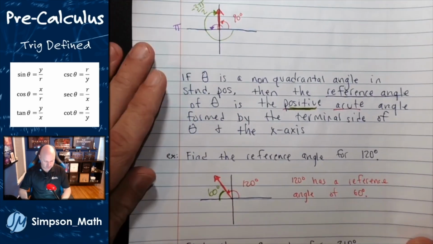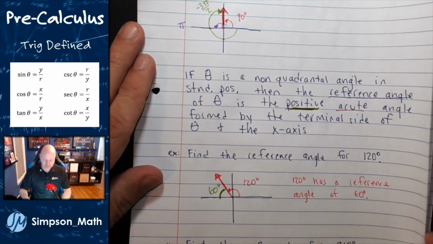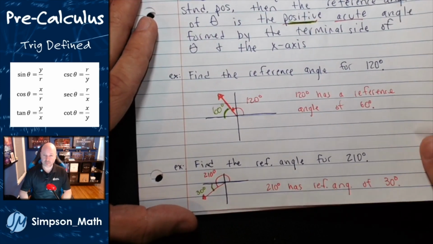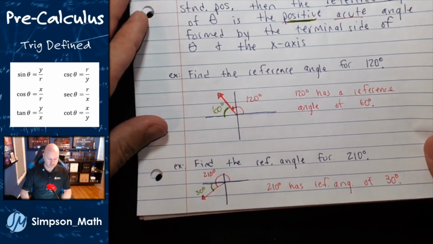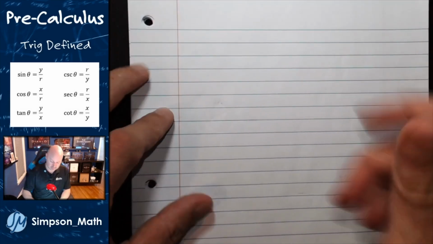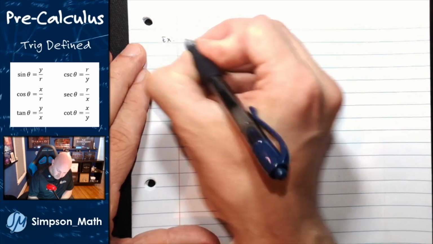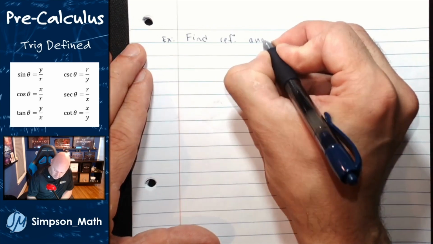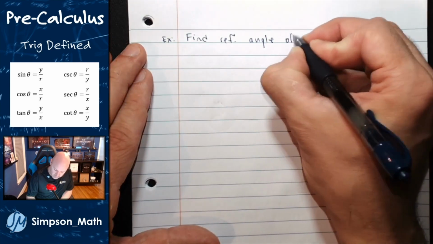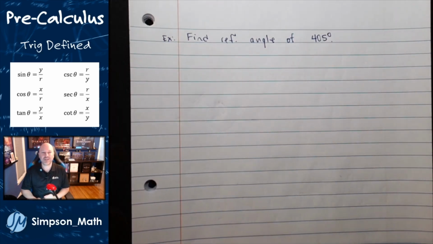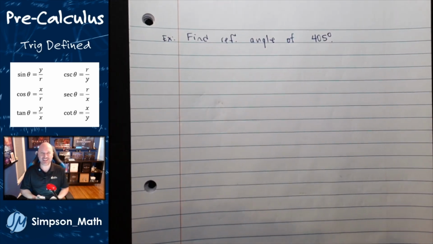All right, let's just do one more. I'll do another big angle. How about something like 405 degrees? Again, maybe pause the video, see if you can get the reference angle.